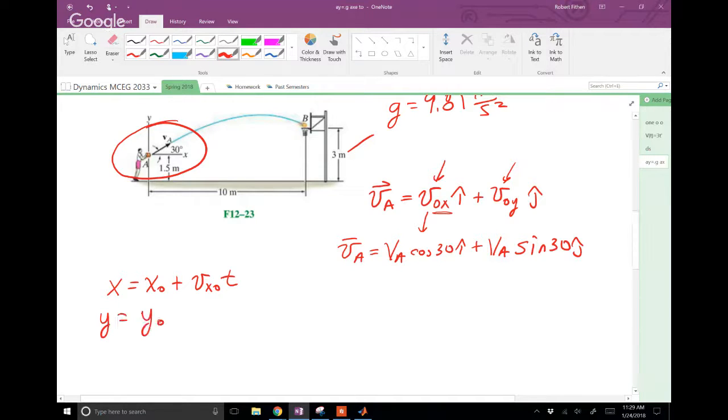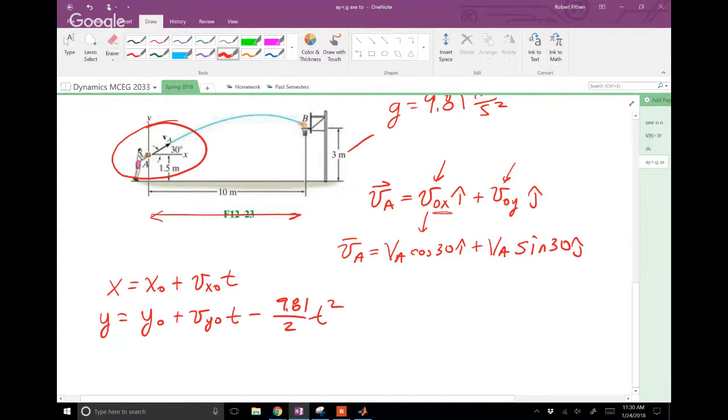Y is equal to Y naught this time, plus Vy naught T minus, well, this time I know it's 9.81, 9.81 over 2 T squared is what happened. I also know that it goes 10 meters out there.